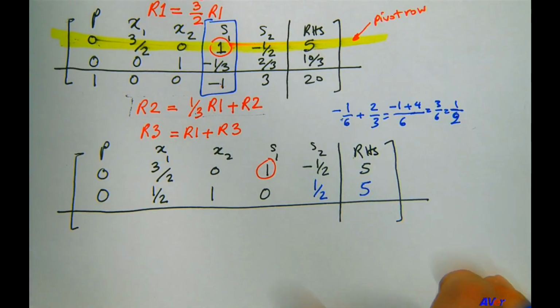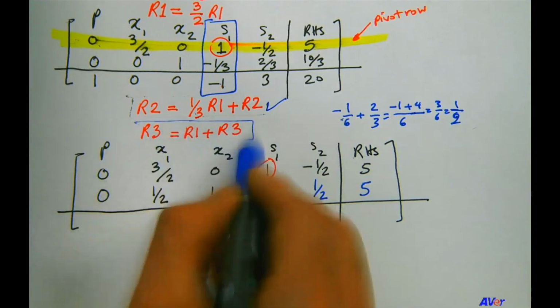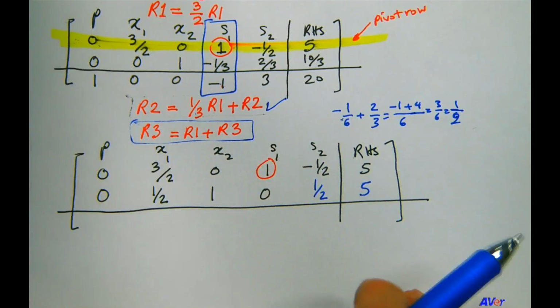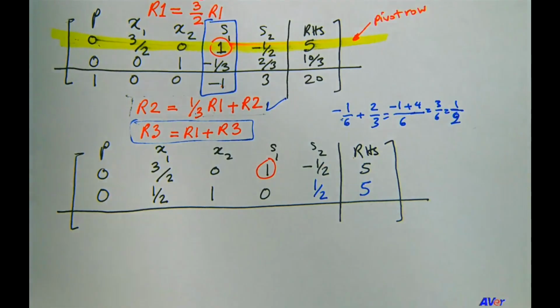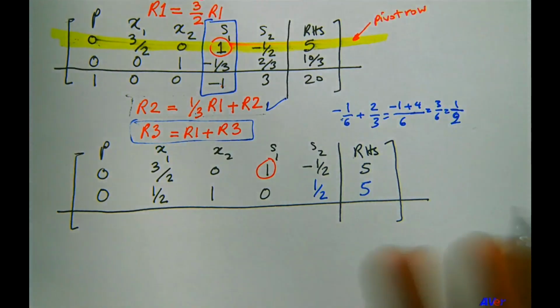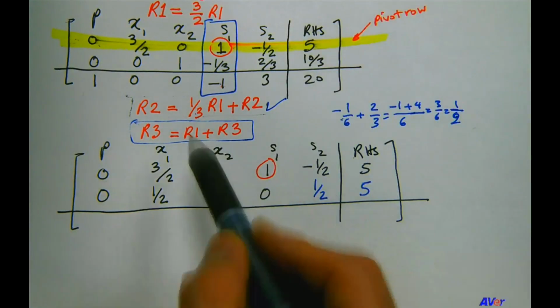Okay, so we're done with this row operation. We need to carry out this one now. Okay, let's do that. And again, I'm hoping that you've already done that and you're just comparing your values with mine. Okay, so this is an easy one.